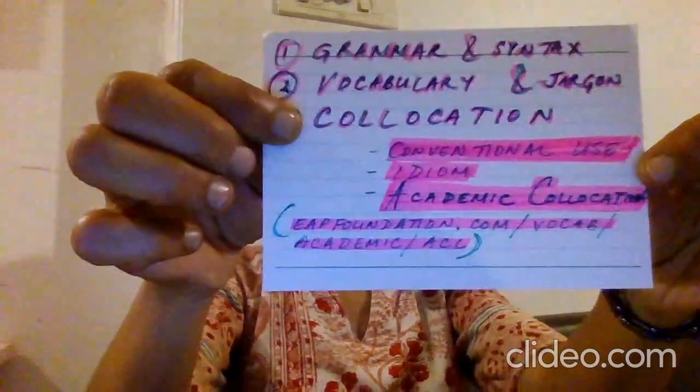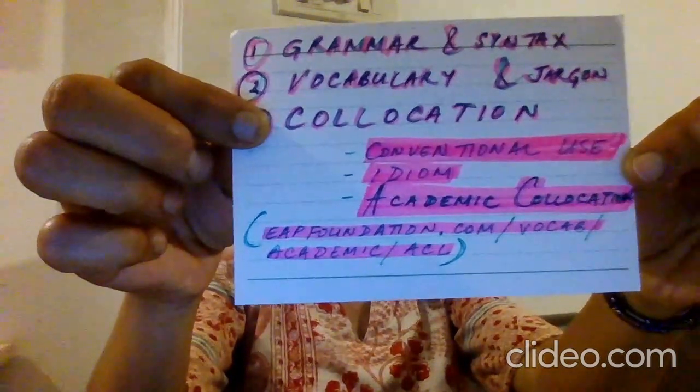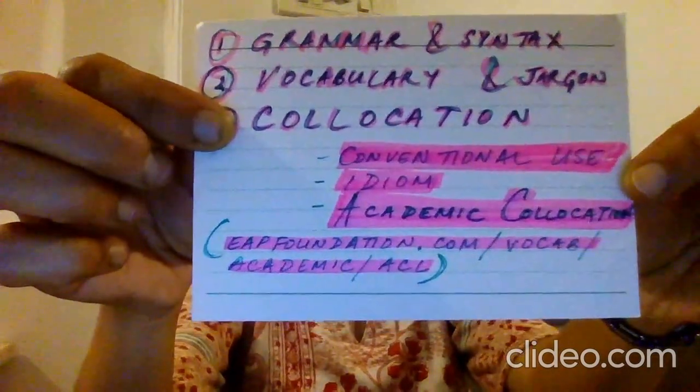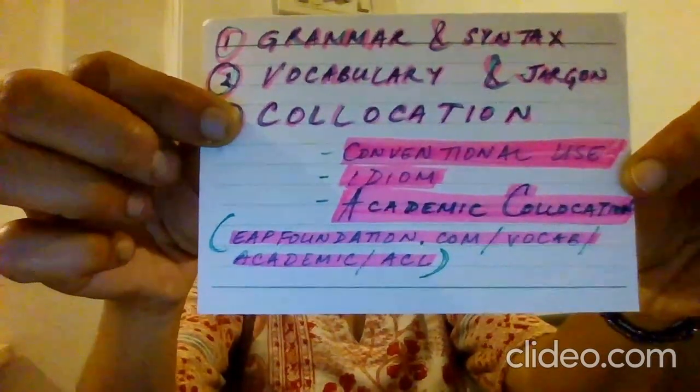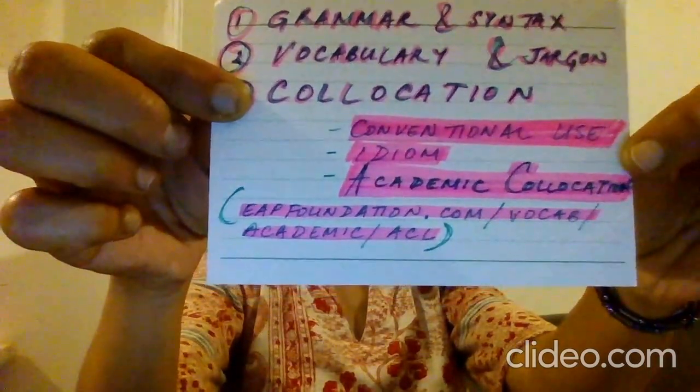The Academic Collocation List, and the website is there on the screen right now, eapfoundation.com/vocab/academic/ACL. The Academic Collocation List is a collection of about 2,500 academic collocations.